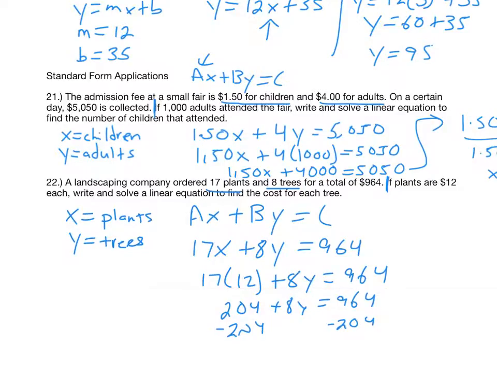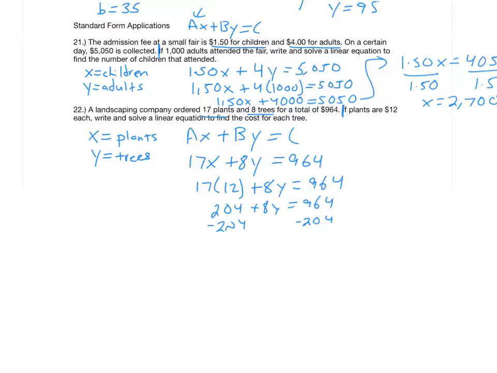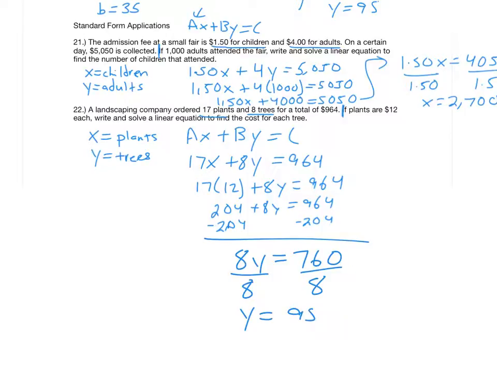And you get 8y equals 760. You divide by 8 on both sides, and if you do that, you should find out that the trees cost $95.